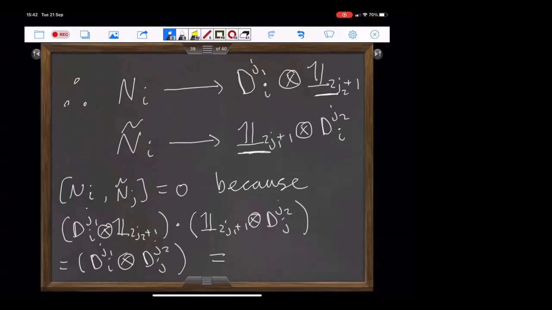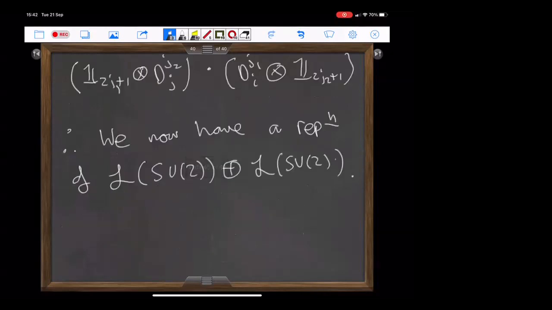Because we're taking the tensor product, they commute with each other and they have the same dimensions.